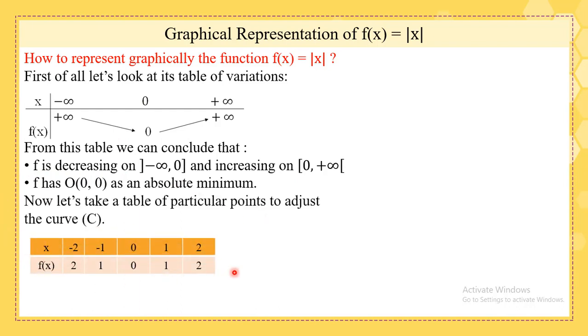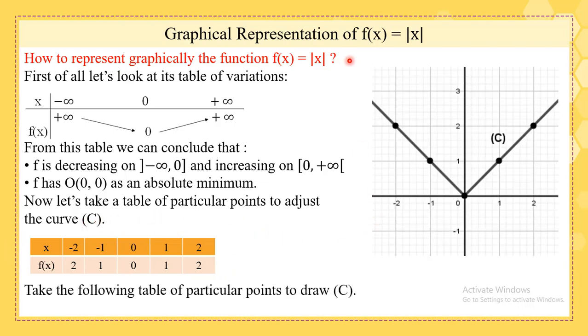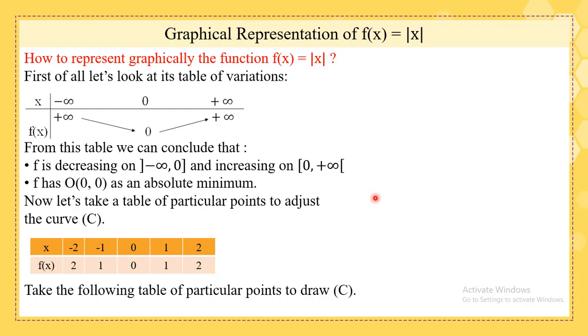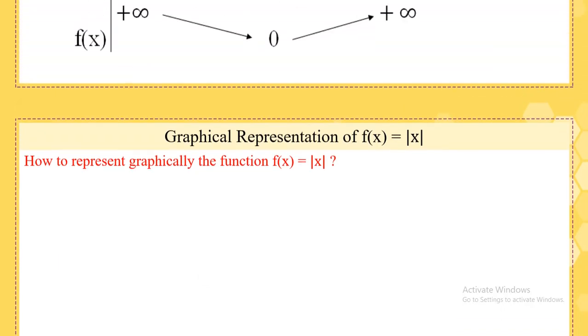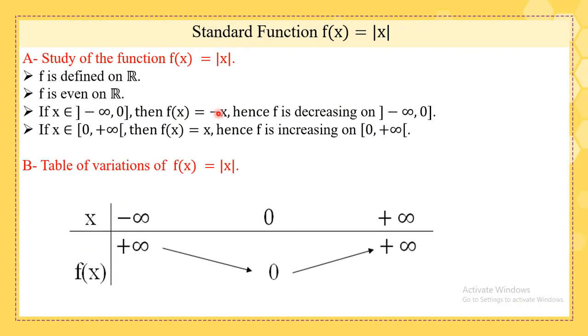And we have the following particular points belonging to the curve C. If we draw the curve, it has a V shape. Notice we have a straight line here and a straight line here, because f of x is equal to minus x when x is negative and x when x is positive. We have here two affine functions.